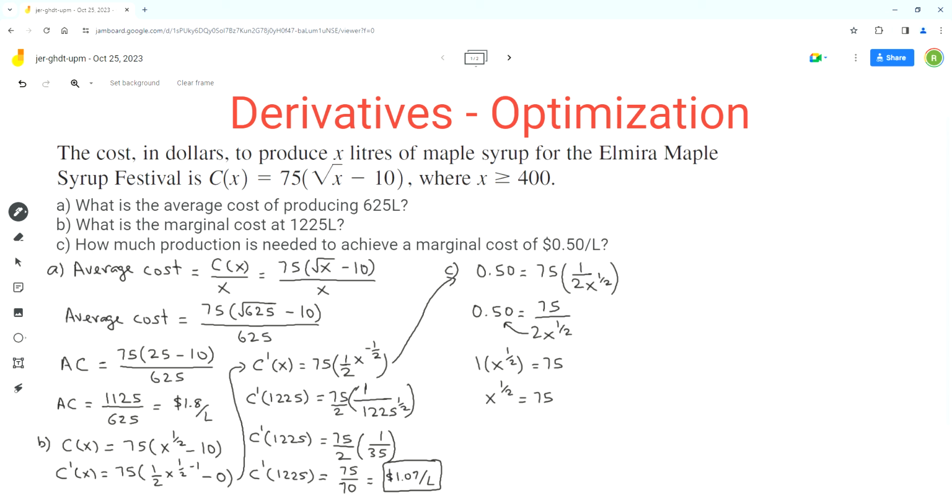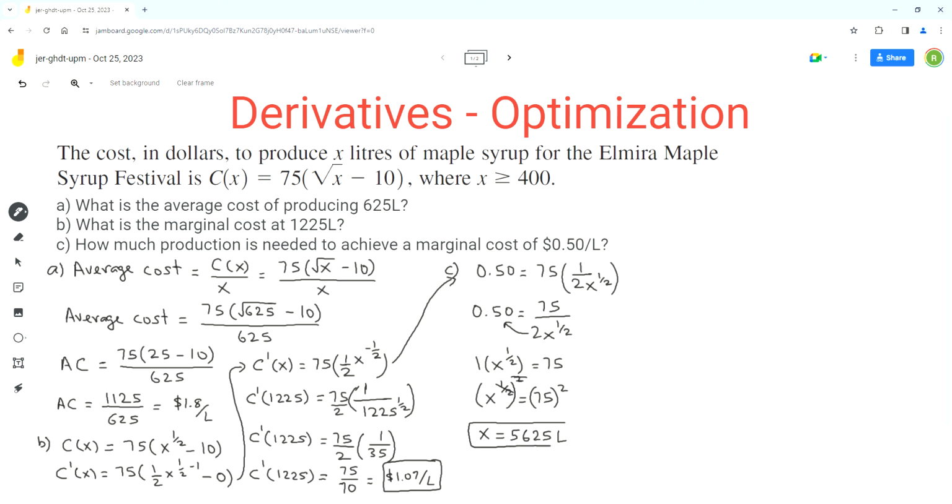And now we can solve for x by squaring both sides. On the left side, the square and the square root will cancel each other out. So we get x equals 75 squared, and 75 squared is equal to 5625, and the unit will be liters.